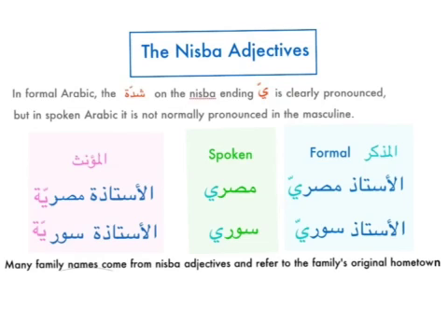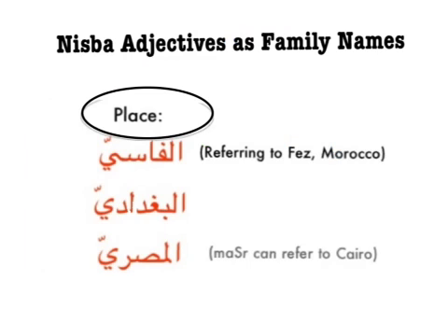Many family names come from Nisba adjectives and refer to the family's original home. Now let's look at some Nisba adjectives as family names. From place, like Al-Fasi, عائلة Al-Fasi, referring to Fez in Morocco. Al-Baghdadi, from Baghdad, Iraq, of course. And Al-Masri.